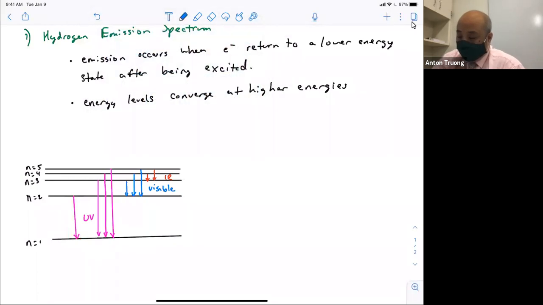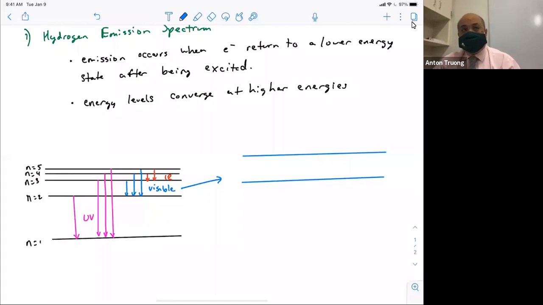And with these visible lights, you can also illustrate this in a spectrum. A spectrum projects lines of radiation, the emission lines, across this band. And you have high energy and then low energy.